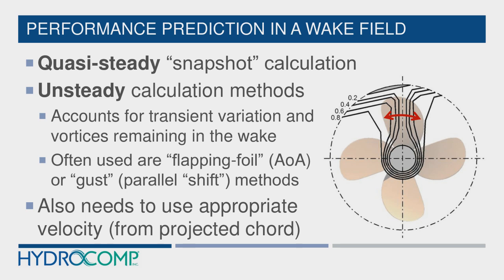Now that's an approximation based on characteristics of different foil shapes, but it goes to show that the forward half and the velocities associated with the forward half are most important. So it's not just a matter of taking an average. It's not just a matter of doing a snapshot on what's called the blade center line. You actually have to think a little bit more about how the foils function in order to determine an appropriate averaged velocity, a chordwise averaged velocity.